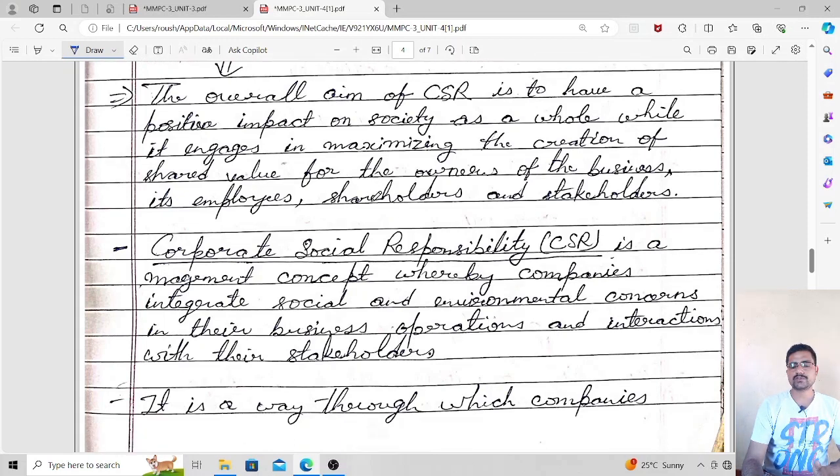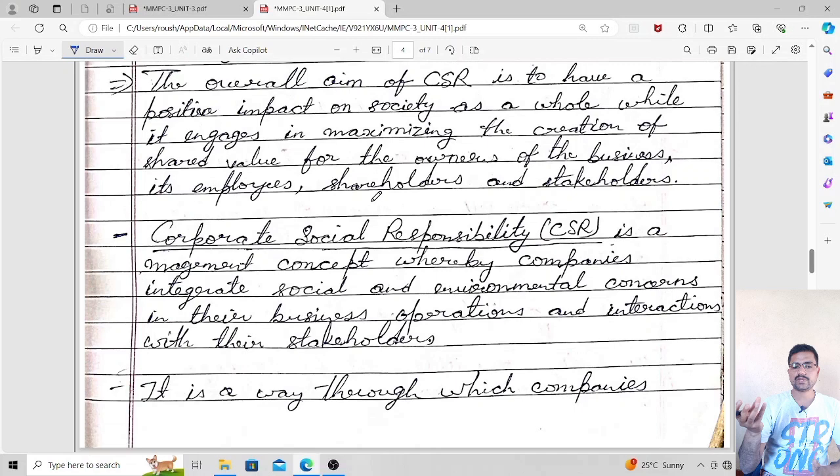So corporate social responsibility is a management concept whereby companies integrate social and environmental concerns in their business operations and interaction with their shareholders. It means corporate social responsibility is a management concept where companies try to consider the social and environmental concerns in their business operations.